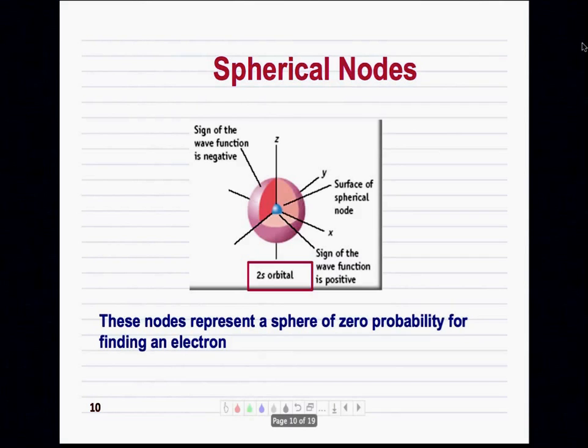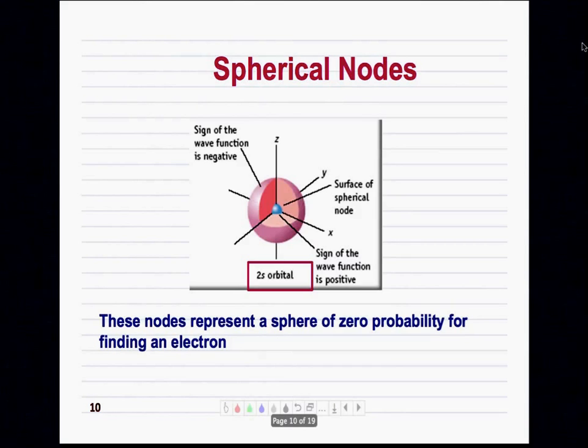we call nodes. There is more than one kind of node. There are spherical nodes, and from the name, they are a sphere, like a spherical shell around the nucleus. And we have nodal planes. That means it's a plane in which there is 0 probability to have the electron. So we're gonna get started with the spherical node.